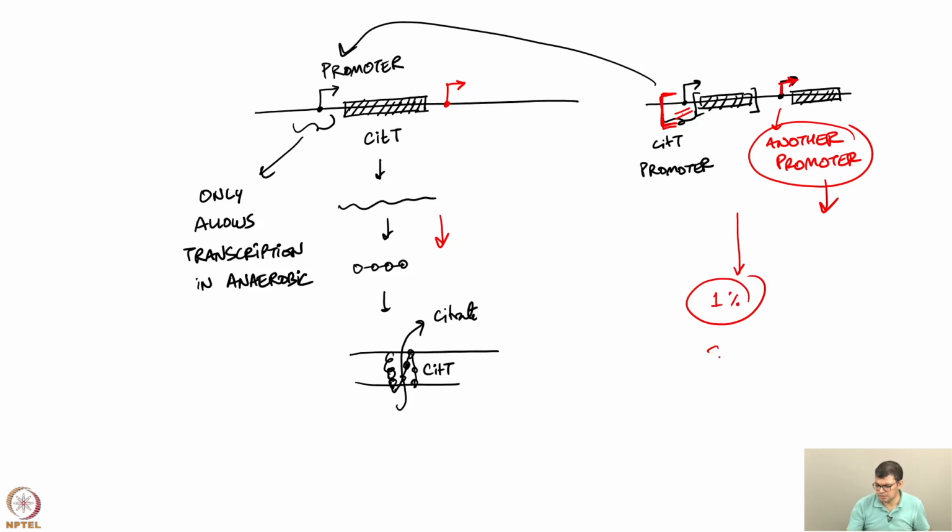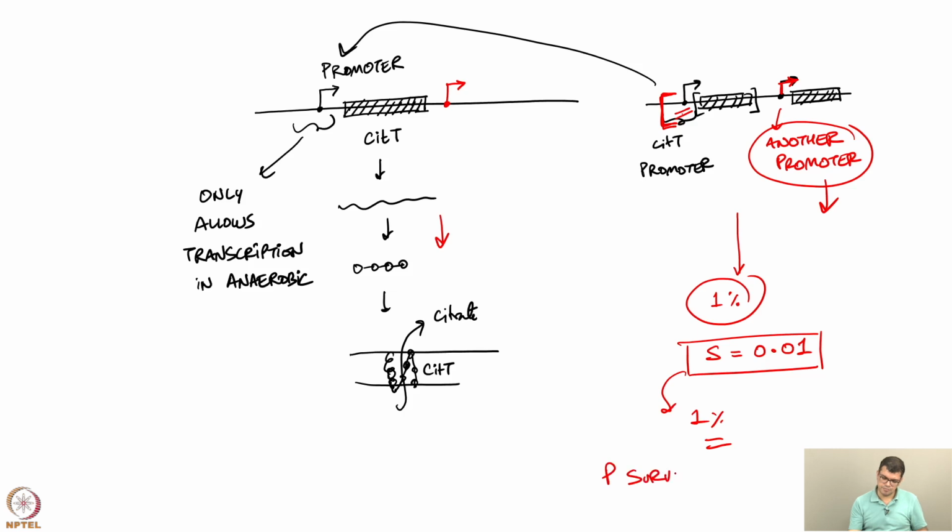Remember that this tells me that s equals 0.01. This mutation, when it happens, only has 1% chance of surviving drift, as we have discussed in the class, that probability of surviving drift is actually just equal to s. So, this mutation per se does not confer a huge benefit to the individual.